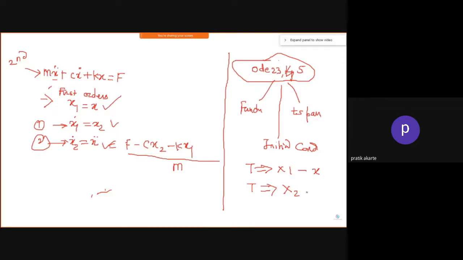Ultimately, what it does is take an integration of x dot and solve it. So we'll now take a demonstration of it and see how to do that.